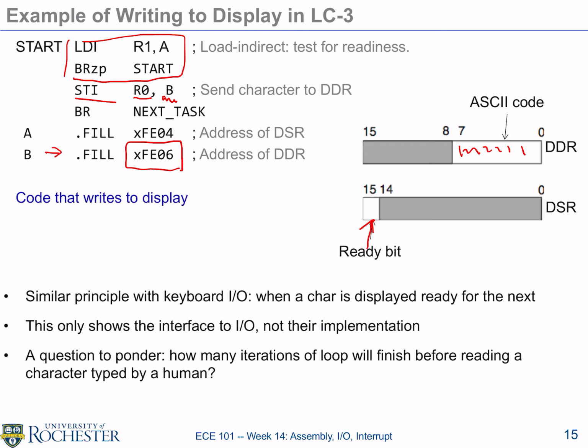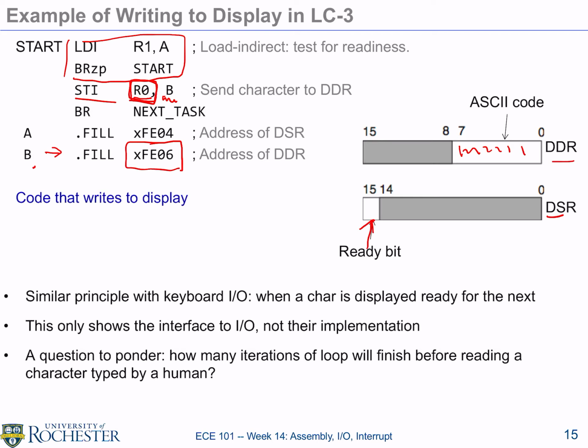So what it does is, in fact, it does a load first, loading the value from B into a temporary register, and uses that as the address to store this content into that address. Okay, so you'll see input and output from the perspective of the CPU is really just the interface registers.